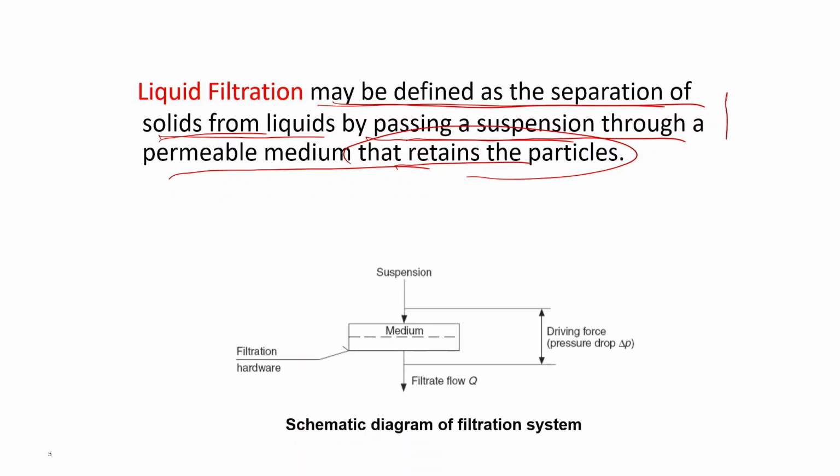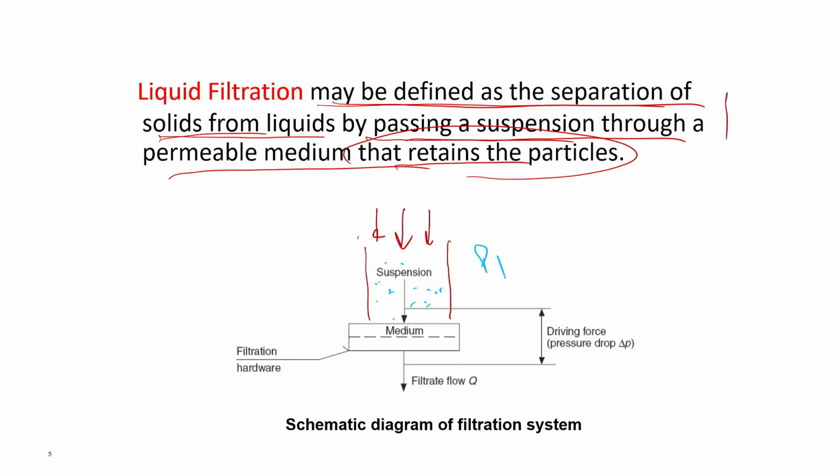Now, we can see the schematic diagram here. This is the suspension, and the flow is here. In the suspension with the liquid, there are particles, and we are applying some pressure.